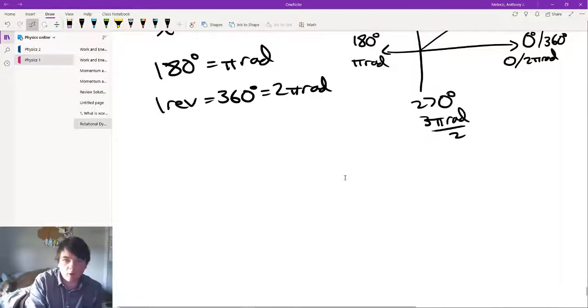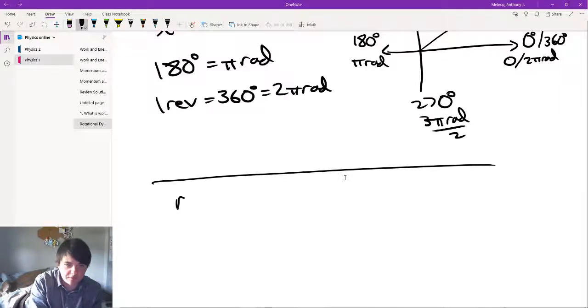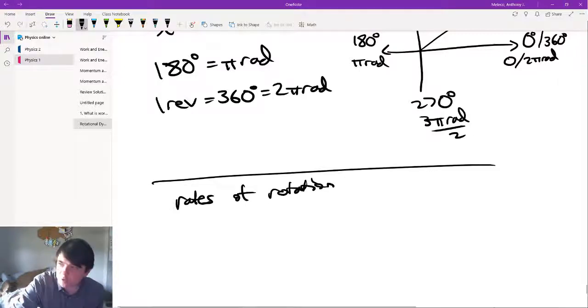We had the rates of rotation. And I'll include this summary as its own separate thing. I know there's a lot of equations for this.